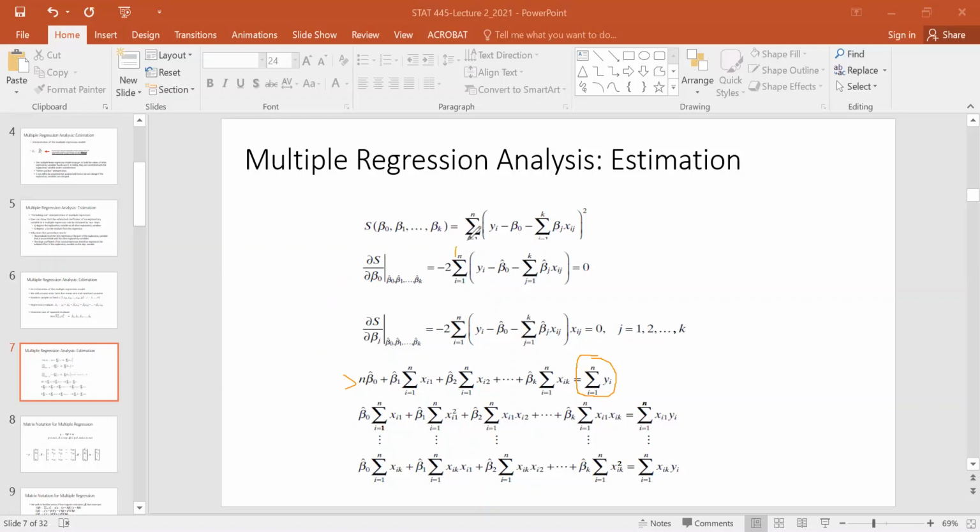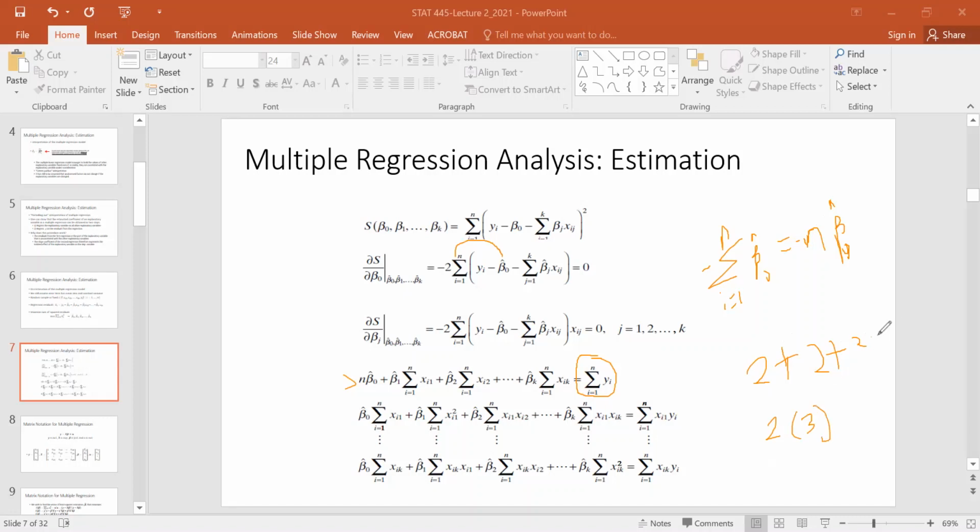This summation of beta 0 hat is a constant, so you are summing a constant n times. If you sum the same thing n times, it is n times the thing. If I sum 2 plus 2 plus 2, I'm summing it 3 times, so the result is 2 times the number of times I'm summing them.